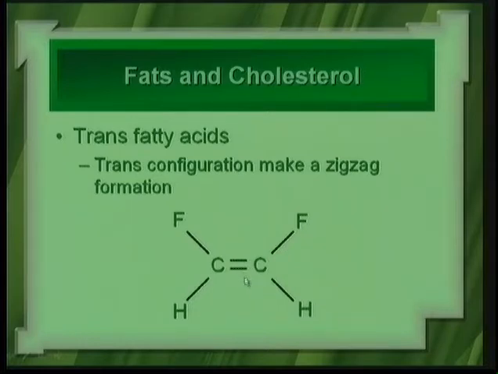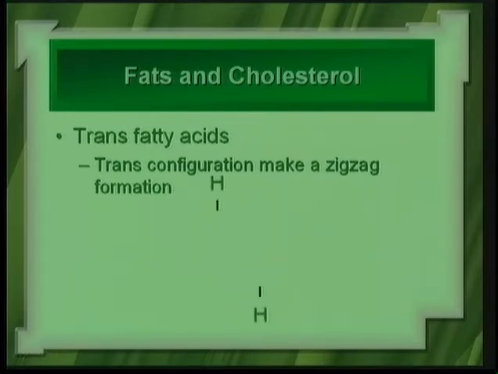In a cis configuration, you'd have the two hydrogens on one side of this double bond. Because you have a double bond, you can't have a rotation. When you have a trans configuration, you'll have them on opposite sides.